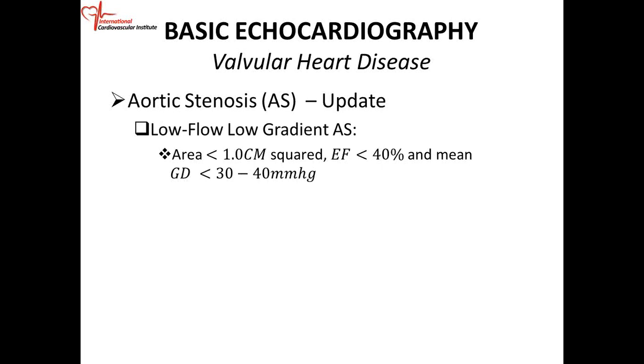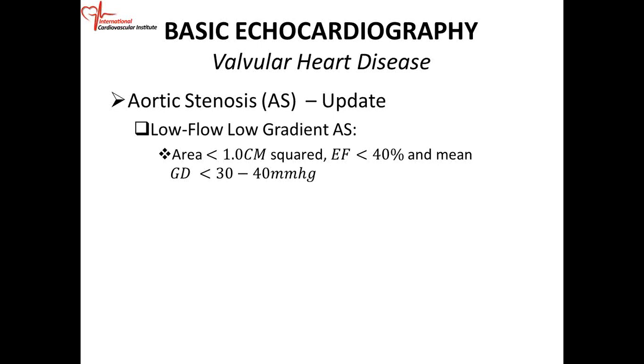All right, so there's a situation we call low flow, low gradient AS. Okay? Low flow, low gradient AS. What does that mean? Basically, what it means is that there's a group of patients who have depressed left ventricular systolic function, and they also have some aspect of aortic stenosis.